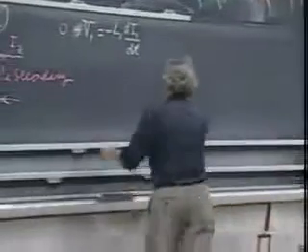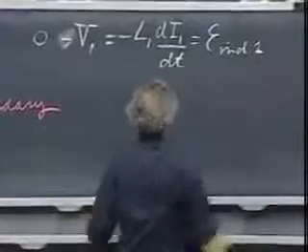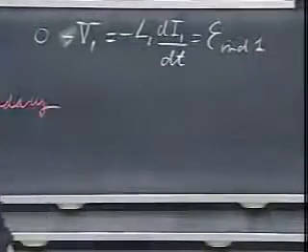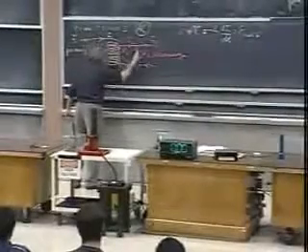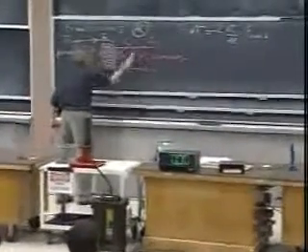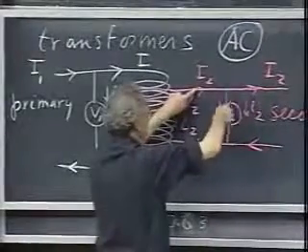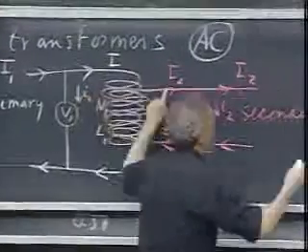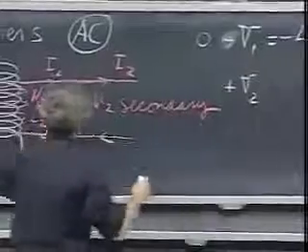I know that this is the E induced inside 1. And now I do the same closed loop integral through the coil, through the voltmeter, back to the coil. I start here. The current I2 is in the same direction as the direction that I move, so I have plus V2. Then I go through the self-inductor.